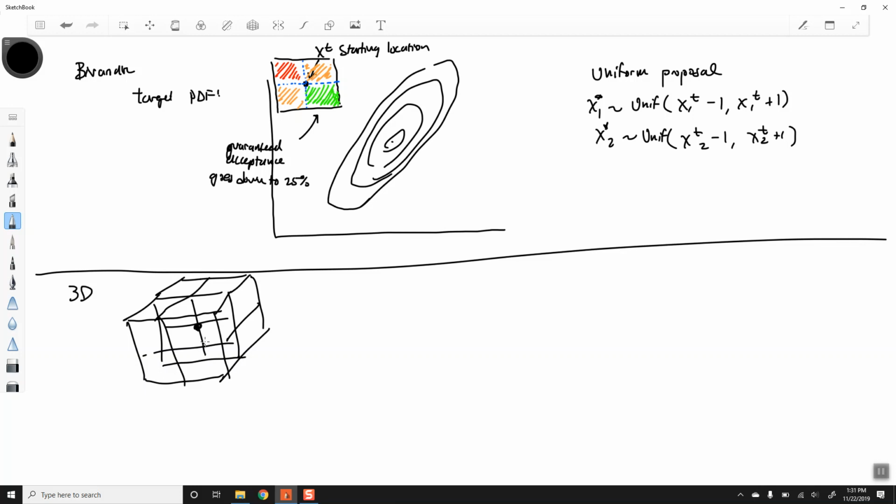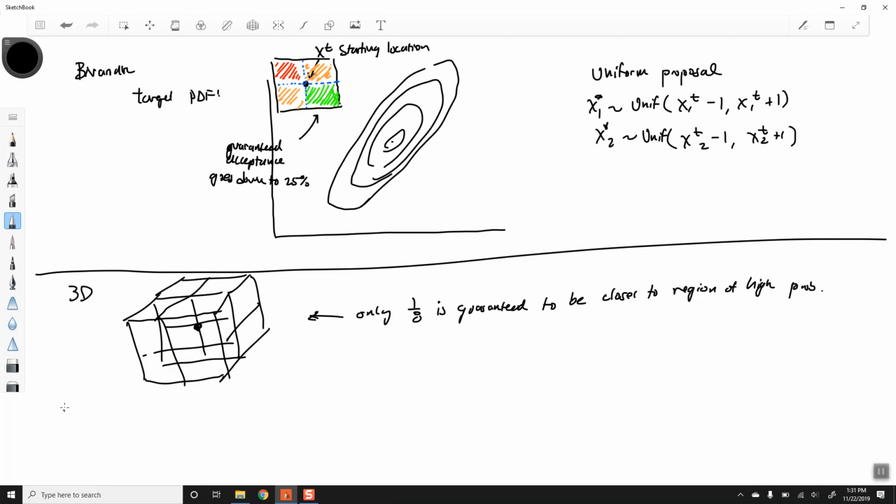So only 1/8 is guaranteed to be closer to the region of high probability.